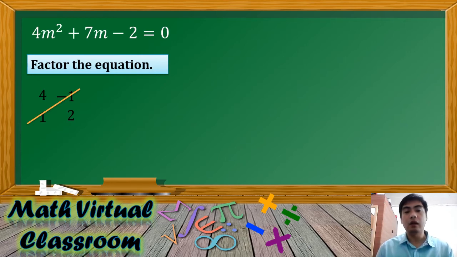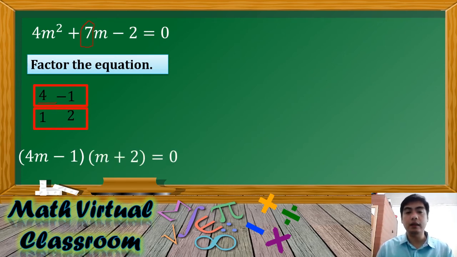So that would be 1 times -1 will be -1, and 4 times 2 is +8. Now, when you add 8 and -1, that would give you +7. And therefore, we have correct factors. So we will just affix the variable m for this one. So that would be quantity 4m minus 1, and the other one will be quantity m plus 2 equals 0.